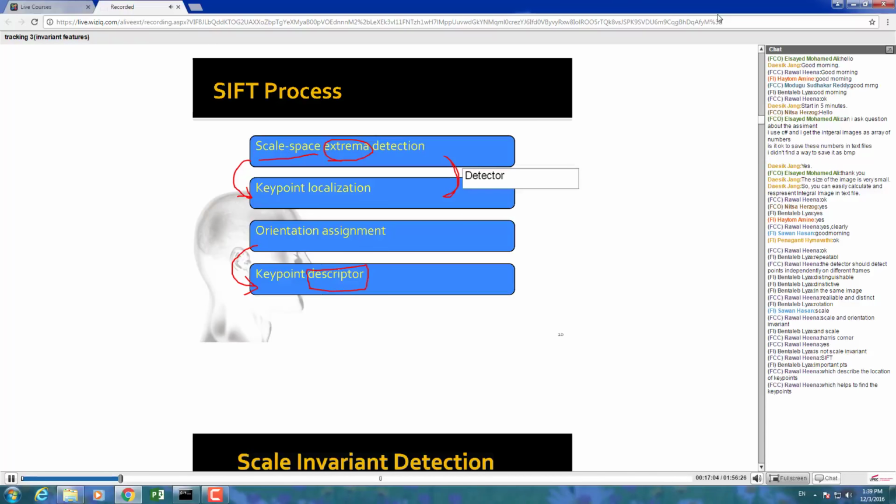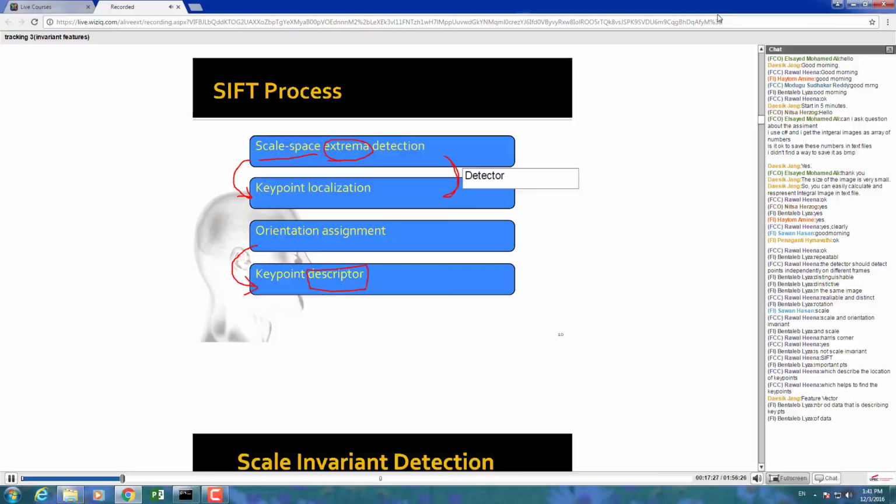Okay, so descriptor looks like a very special keyword, right? But basically, what it means is the feature vector. Actually, it is a feature vector.